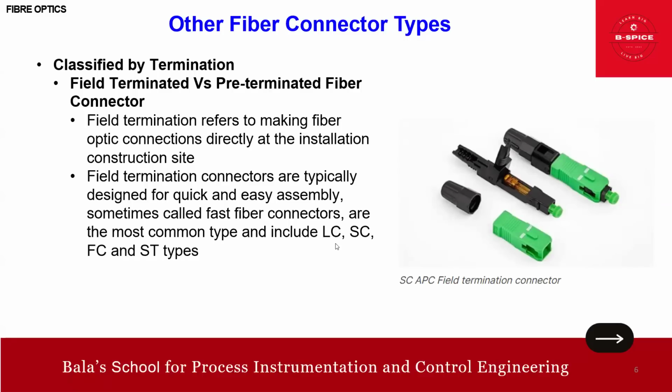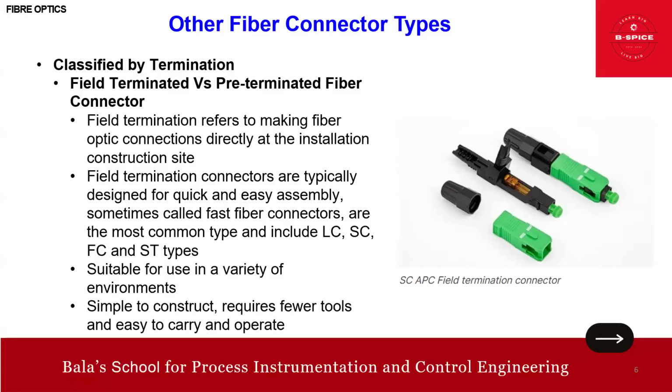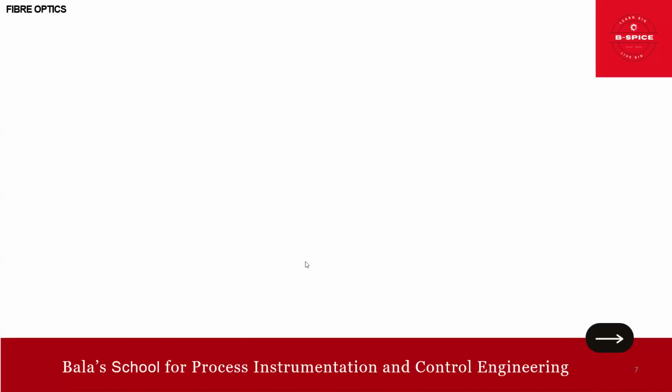Most types include LC, SC, FC, and ST type, which were discussed in the earlier videos. It is suitable for use in a wide variety of environments. This connector is simple to construct, requires only a few tools and is easy to carry and operate. It can be installed quickly in the field, thereby saving time and cost. And of course, it provides flexibility. This is the field termination.